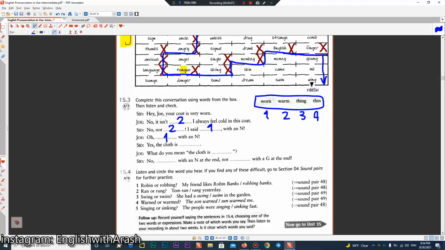And it says thing, like it is a thing. Like it says like 3 here. With an N. Yes, the cloth is thin. What do you mean, the cloth is thin? No, thin with an N at the end, not thing with a G at the end. Yes, not thing. I said thin.